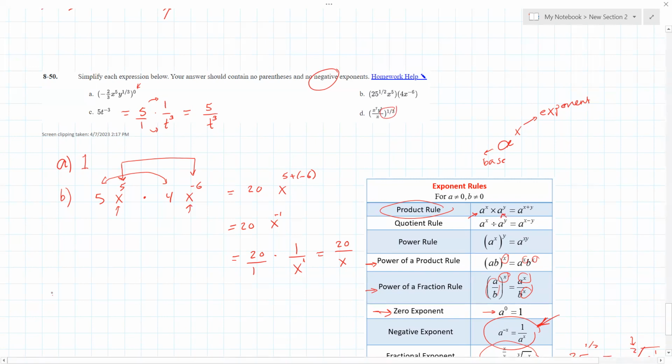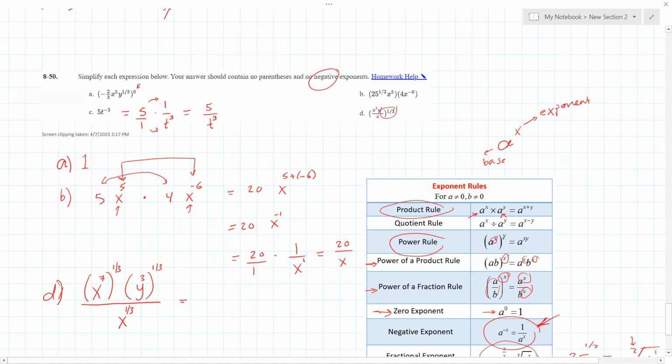So basically, in D, we have x to the 7, and we have 1/3, y to the 3rd power, and we have 1/3 as well. I'm distributing the exponent, and the x to 1/3. And now we need to look at the power rule.